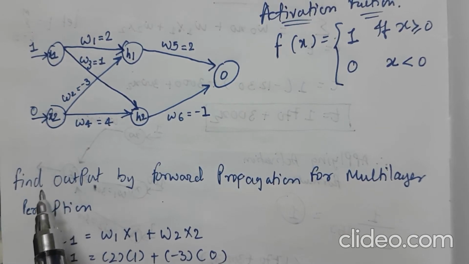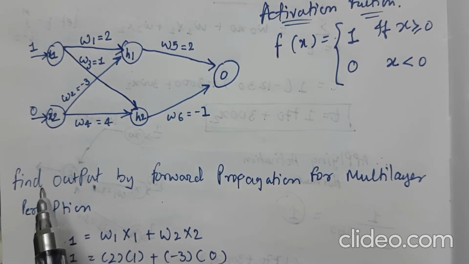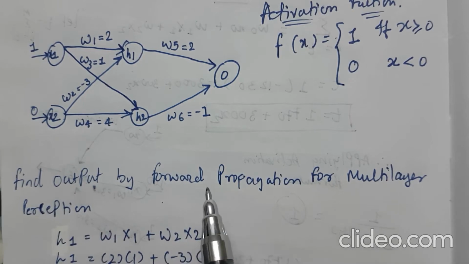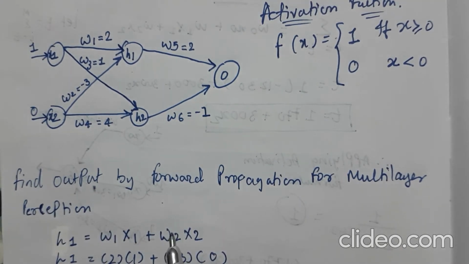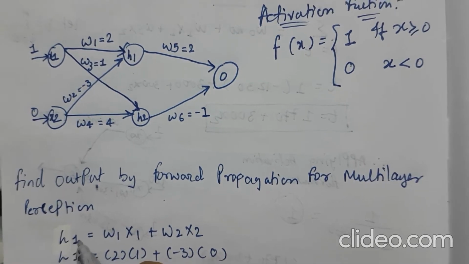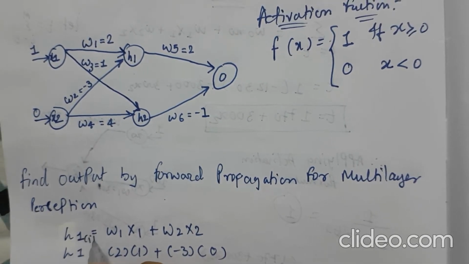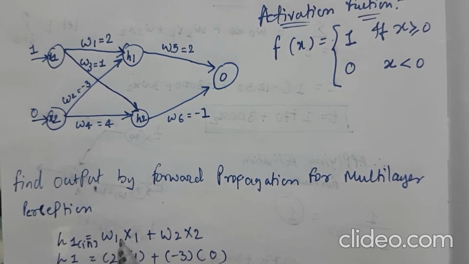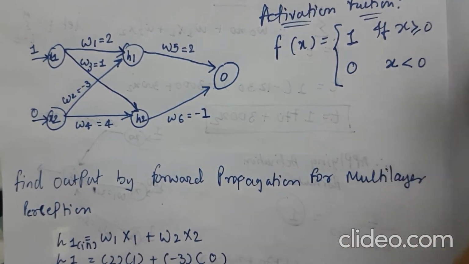We are given the problem of finding the forward propagation for the multi-layer perceptron. To find h1 in, h1 in is equal to w1 x1 plus w2 x2.